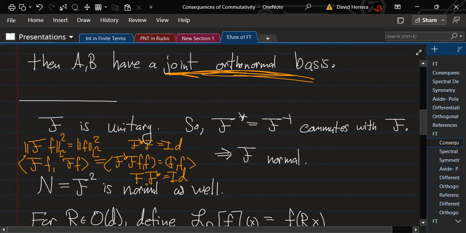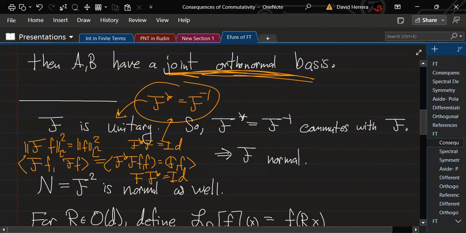Anyway, it satisfies these two identities, so it tells you that F star is the inverse of F. So all this work that I wrote here tells us that F is unitary. That's what it means to be unitary. I was using it earlier, kind of roughly to mean isometry, but it's an invertible isometry, so it's unitary.